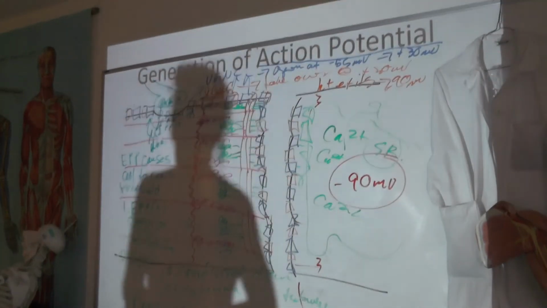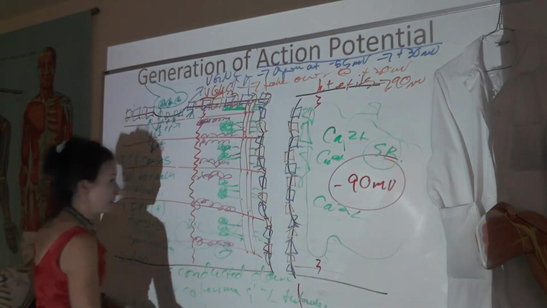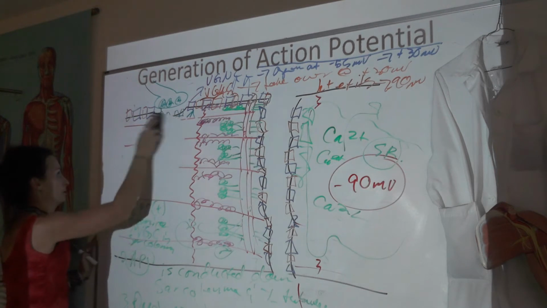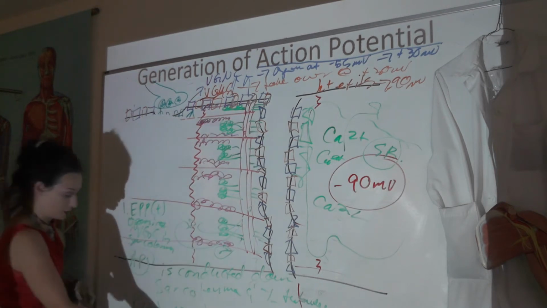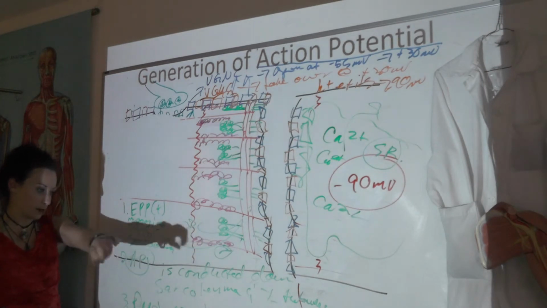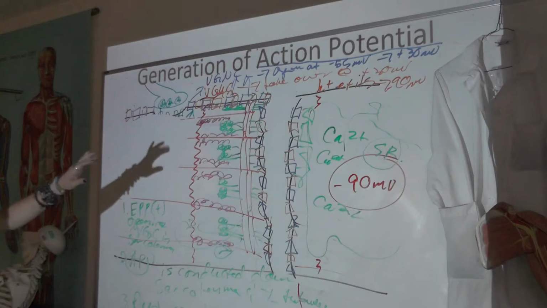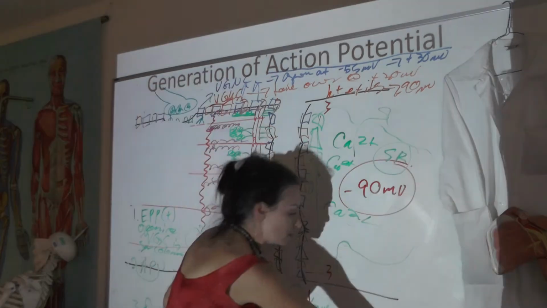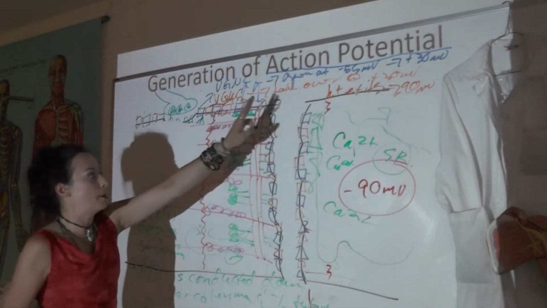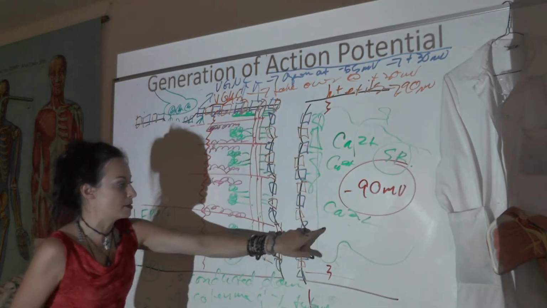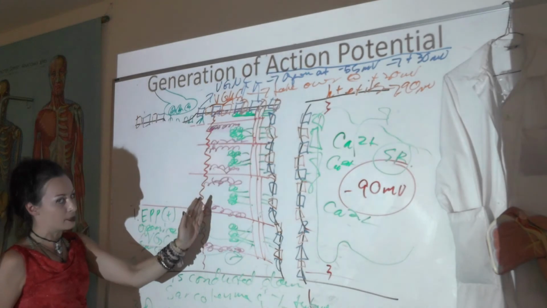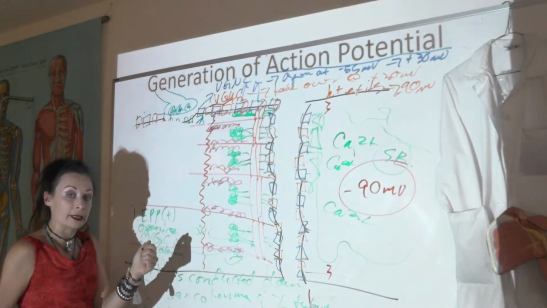Okay, so I will write that next step up here. I'm realizing you can't see it right there. So this last step, depolarization, opens our voltage-gated calcium channels in the sarcoplasmic reticulum. Calcium is released to the sarcoplasm, and now we're going to be able to begin contraction.